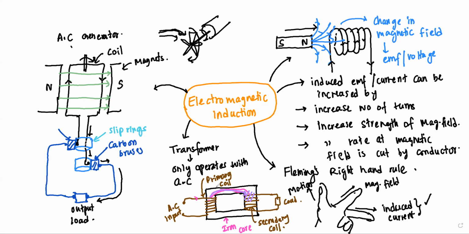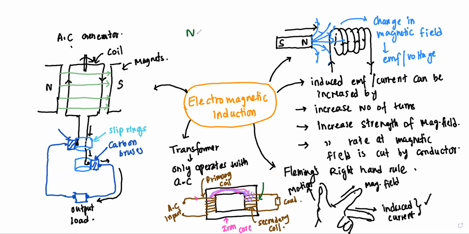Now we also mentioned that we need to have either higher voltage or lower voltage. How we do that is by changing the number of turns in the secondary coil. We can discuss this amount of voltage based on an equation.